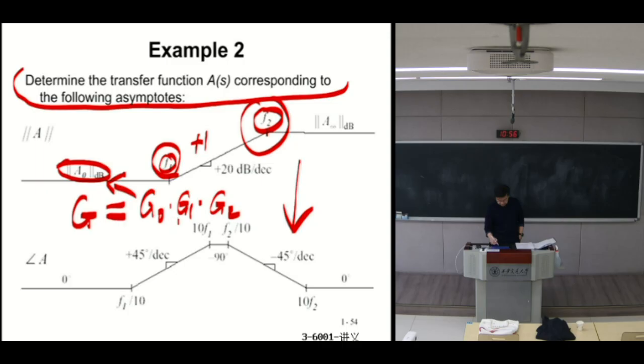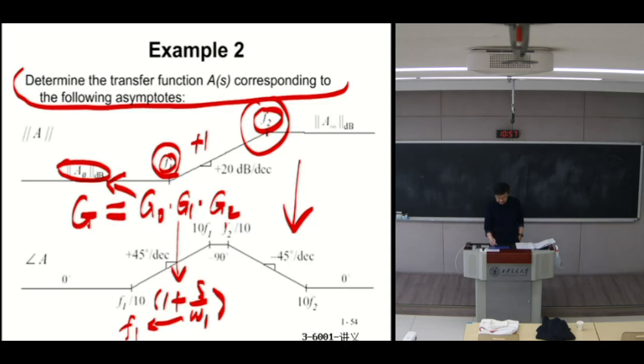And G1, I can for sure predict that it must be a normal zero, an ordinary zero, that has a form of 1 plus s over omega 1, where omega 1 is exactly corresponding to this f1 frequency.